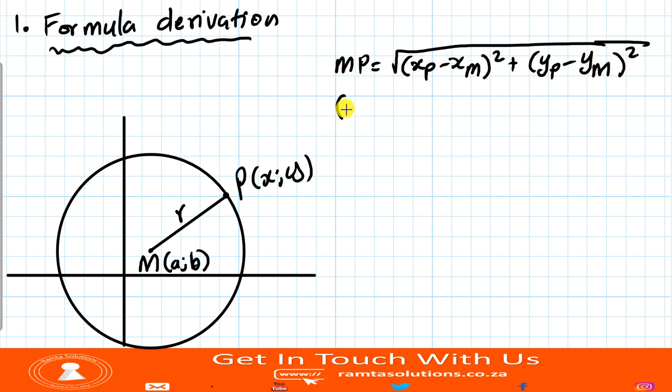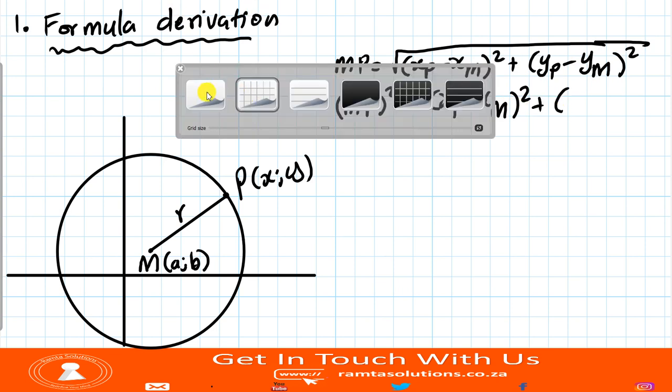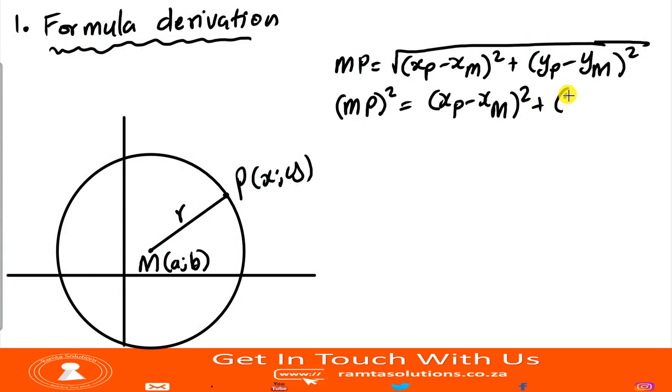Please allow me to write it as: MP squared equals x of P minus x of M all squared plus, I'm going to remove the grid, I no longer need it, y of P minus y of M all squared. So what is MP? As you can see in this circle, I've given you that MP is the radius, so it's r squared.